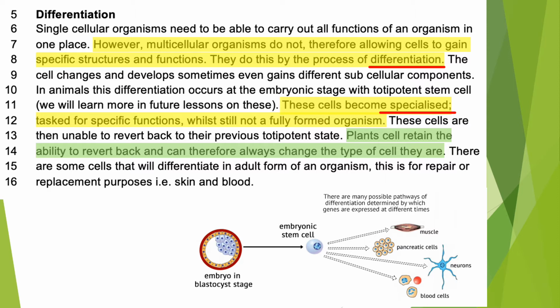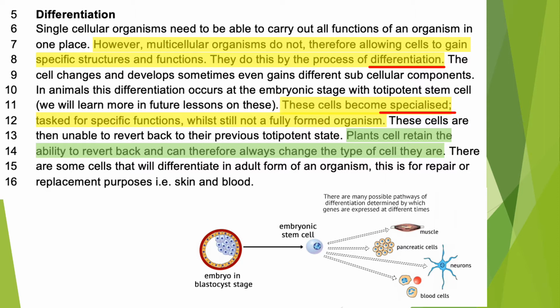There are some cells that will differentiate in the adult form of an organism, but it's mostly for repair or replacement purposes. The big difference is that when you're an adult, speaking of myself for example, I don't have stem cells.